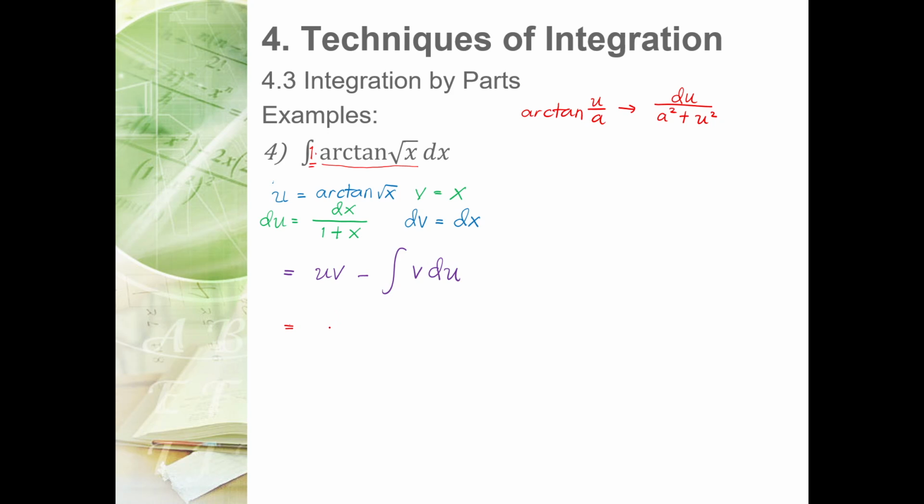Okay, so we go to the uv first. So x arctangent square root of x. I just immediately make it in order. Then divided by x and times dx all over 1 plus x.